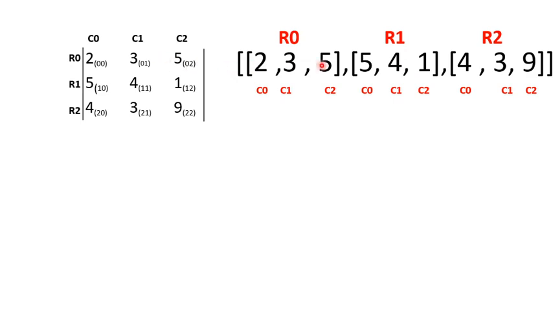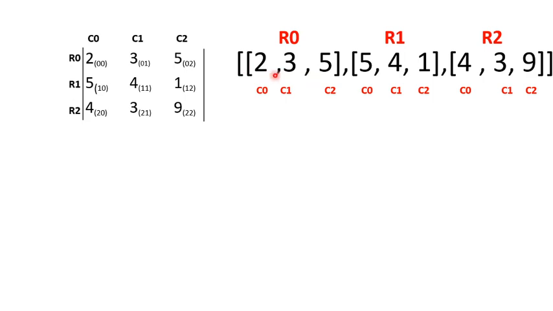Okay, this is the way to write a 2D list. Here you see that there are a total of 3 elements. This is a regular list, and in a regular list we have already learned the 3 properties. What was our first property? The length of the list is the total number of rows.